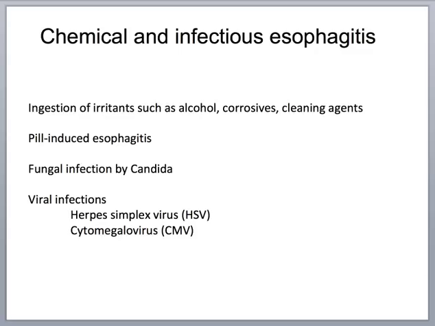This is typically due to three different organisms: Candida, which in the oral cavity is called thrush, but we call it just candidal esophagitis in the esophagus, or viral infections, specifically herpes simplex virus and cytomegalovirus. The most important cause of esophagitis is given its own name, which is due to reflux of gastric acid, the term gastroesophageal reflux disease, which I'll talk about after this.